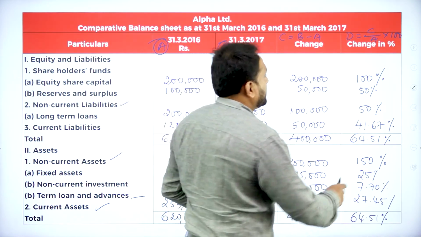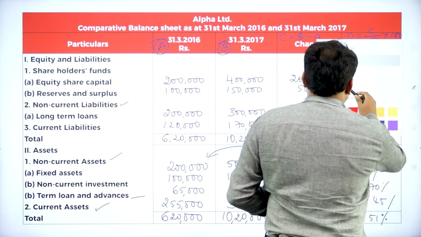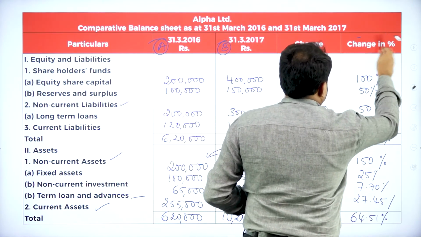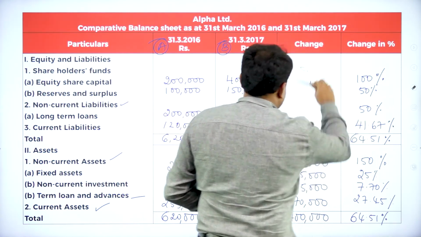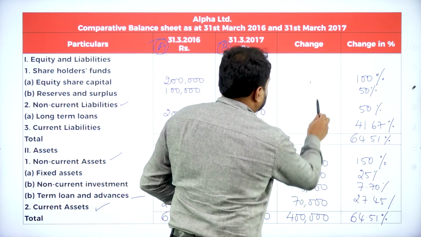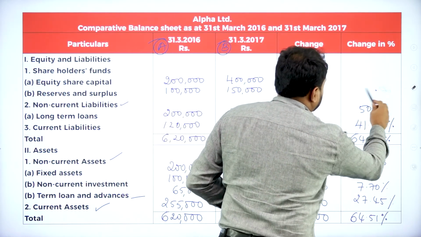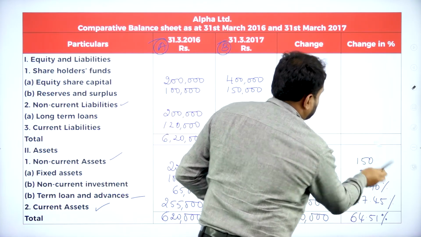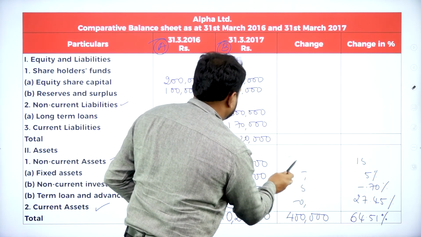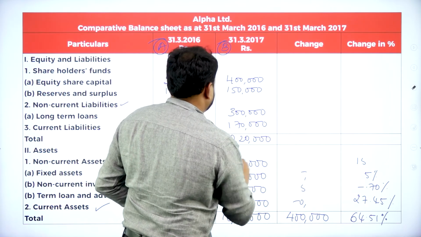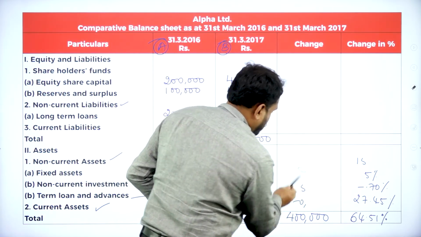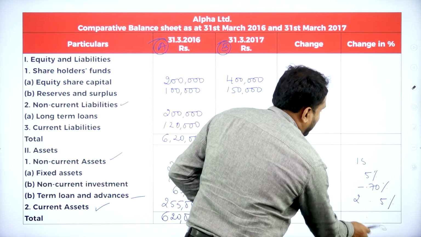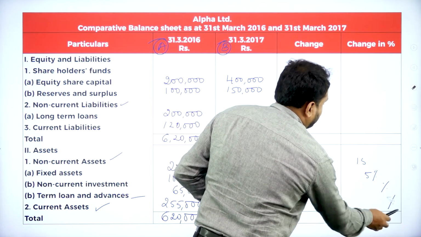Now what are we supposed to do? Very simple, we are supposed to go with the common size statement. All these you people already got to know for the comparative statement.